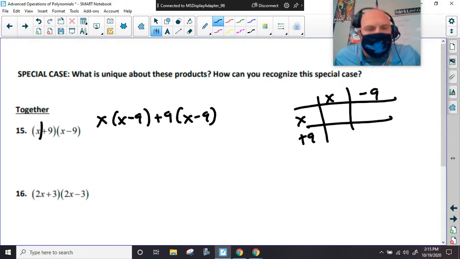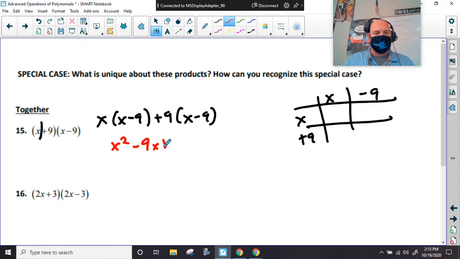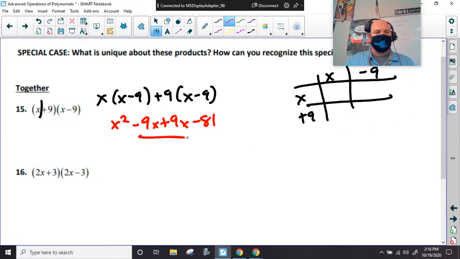Now, what's unique about these is this part right here. When you go to combine like terms, what do we notice about these middle terms right here? Say again? Yeah, they'll cancel out. So we have negative 9x plus 9x. So they go away.